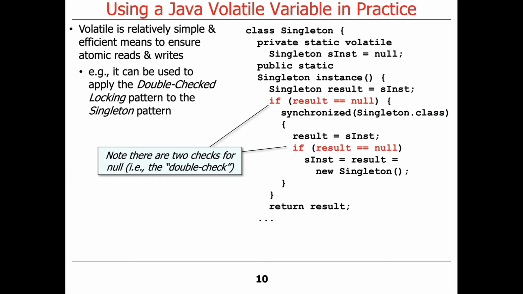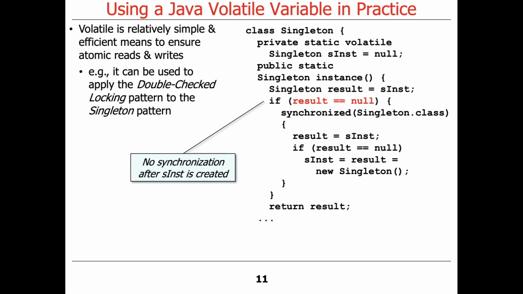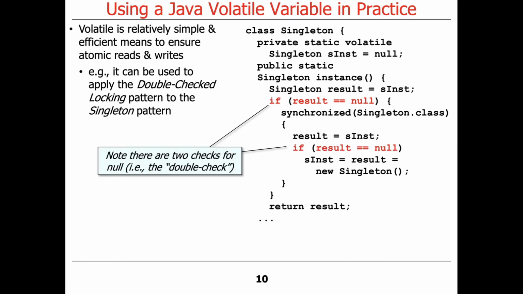It goes ahead and checks a second time to see if result is still null. If result is still null, that means it's the first time in, so it goes ahead and creates the singleton. But after result is set to something other than null, any other thread that comes through the synchronized statement will find result not null, which means it should skip creating the singleton.